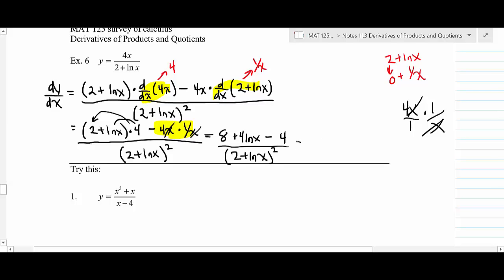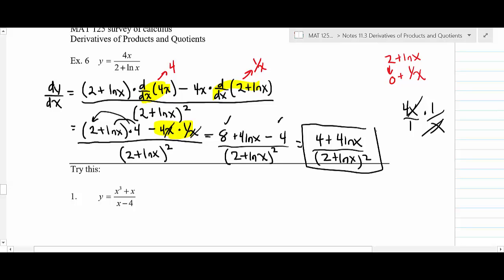Now, let's see, we have like terms. 8 minus 4 is 4 plus 4 ln x over 2 plus ln x squared like that. Now, there's one other thing you could do with this problem. That right there is an acceptable answer, but you do want to get in the habit of factoring.